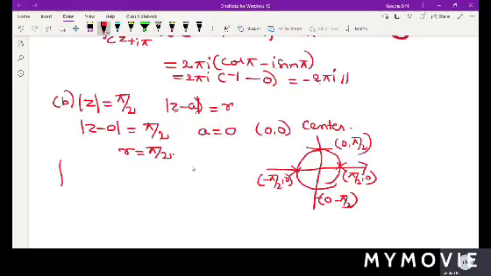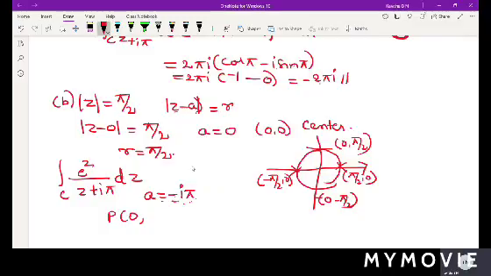Then according to this problem, the integral over C of e to the power of z by z plus iπ, dz. Here the value of a is minus iπ, which means the point (0, minus π) on the y axis.